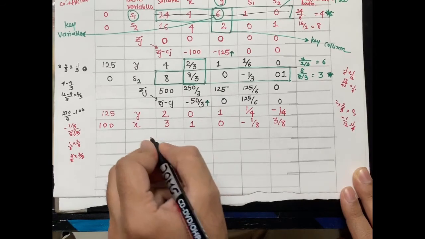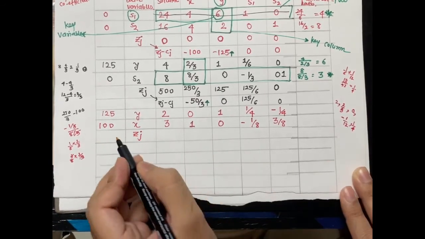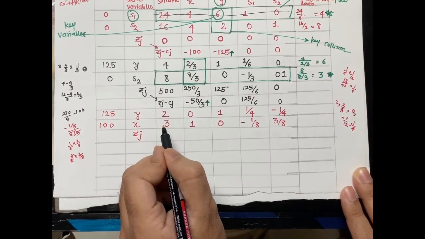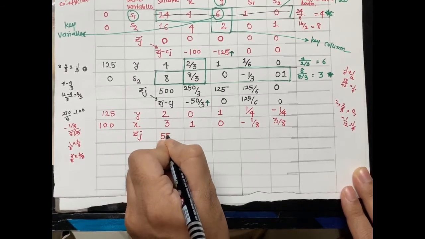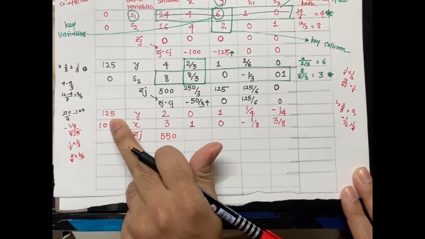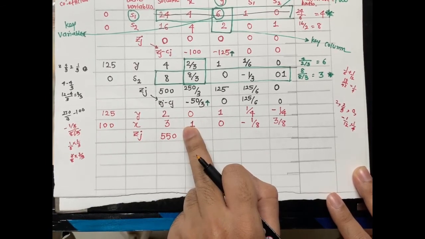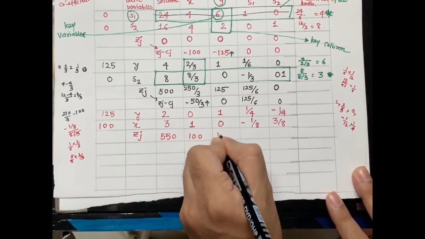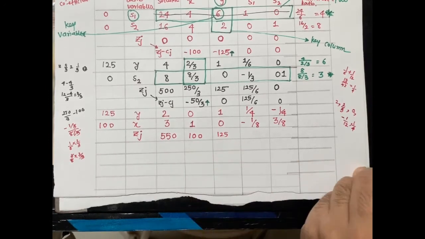Now I require to compute the value of Zj. So Zj is 125 into 2, that is 250, plus 100 into 3, that is 300. So total is 550. Here 125 into 0, that is 0, plus 100 into 1, that is 100. So total is 100. Here likewise 125 into 1, that is 125, plus 100 into 0, that is 0. So total is 125.